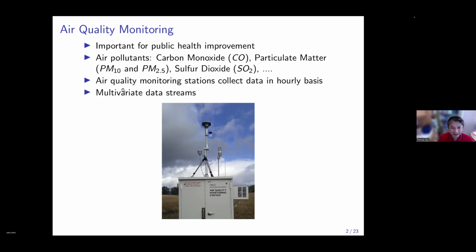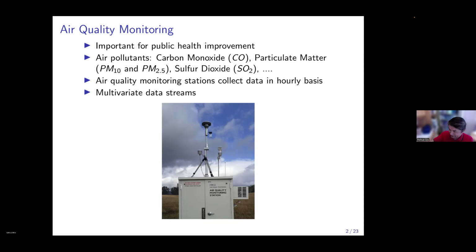Those air quality monitoring stations collect data on an hourly basis. Hourly basis means every hour, for example, they will collect data about the CO intensity level and PM 2.5 intensity level at those specific places. So what does the data they collected look like?